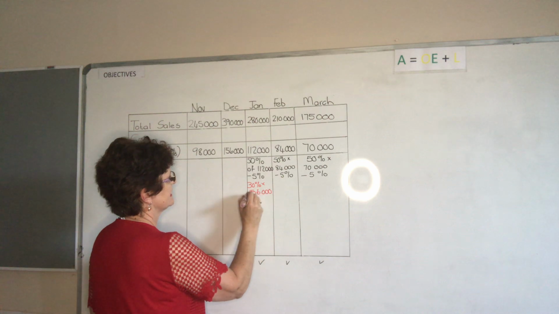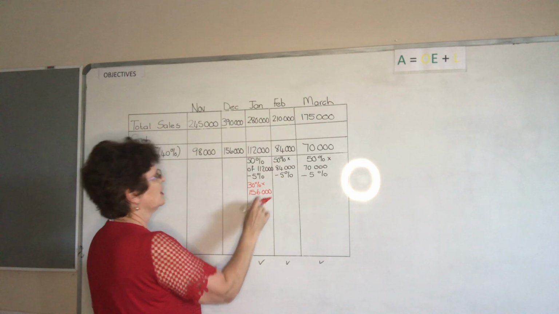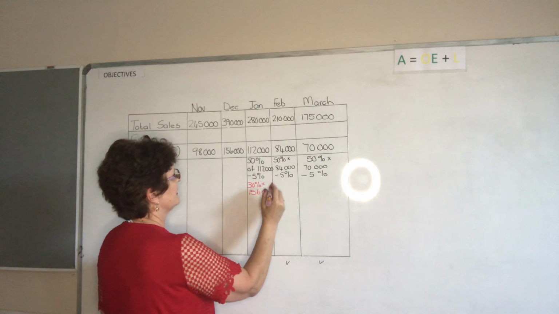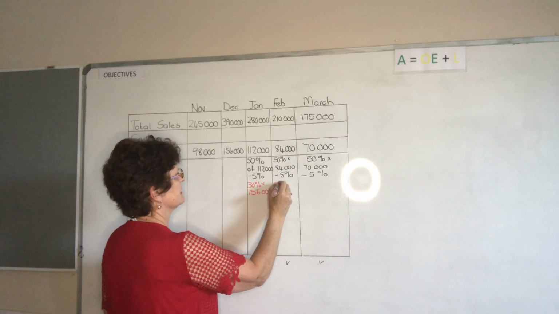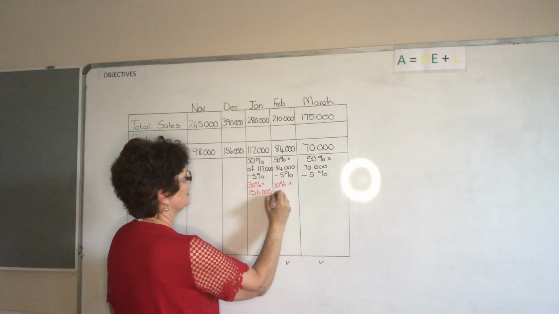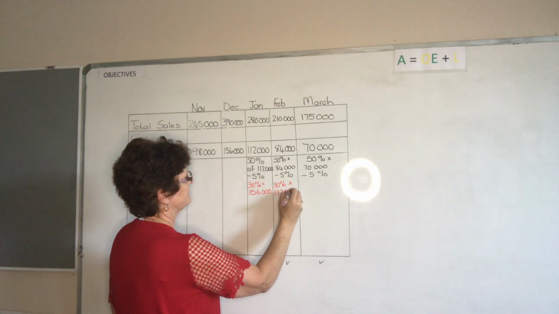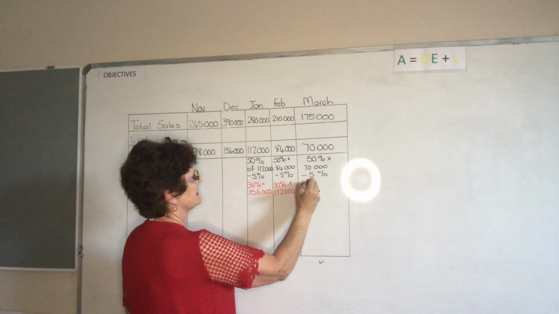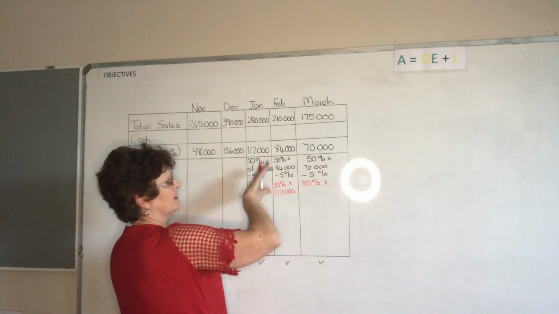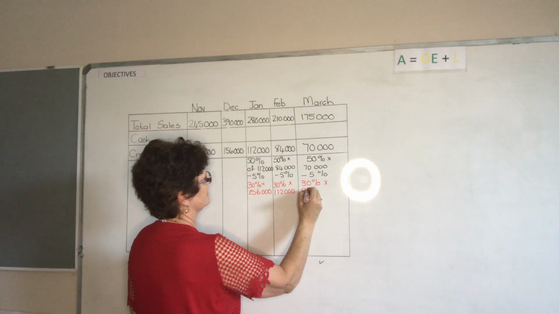Of course, 30% will pay in the month following the transaction. And here in February, we will have 30% that will pay in the month following the transaction. And then 30% that will pay in the month following the transaction.